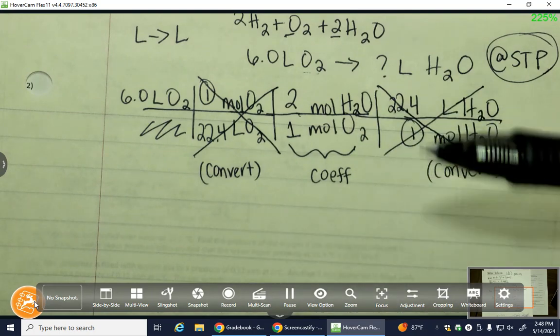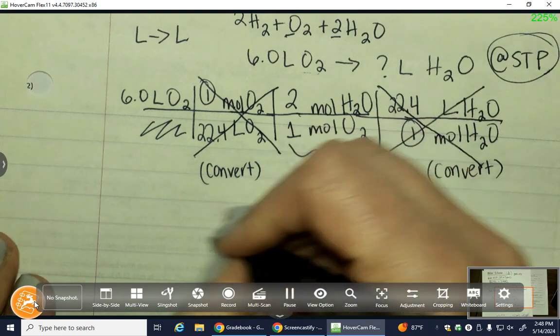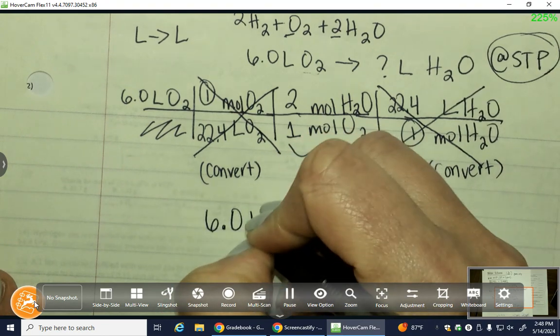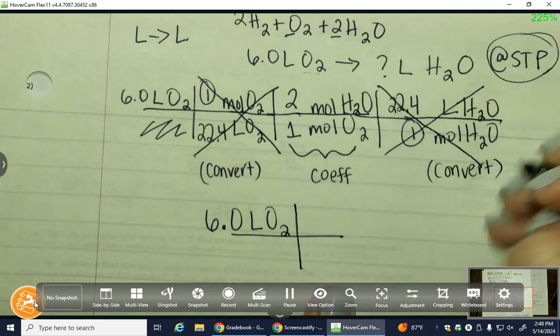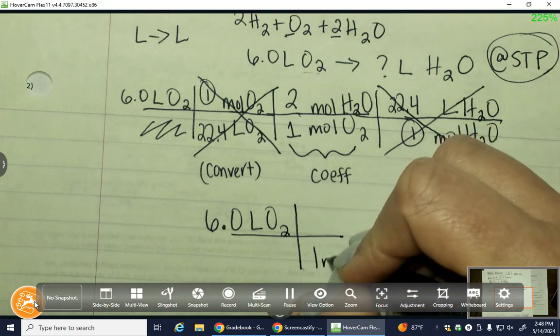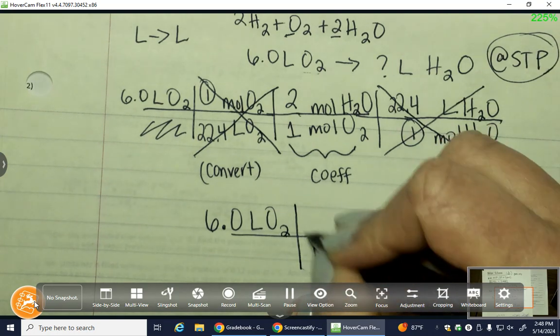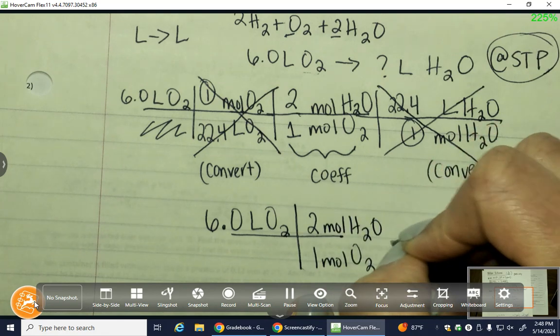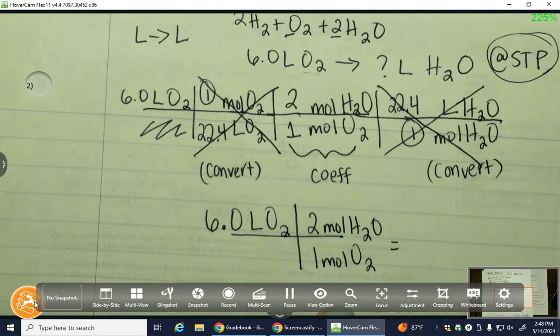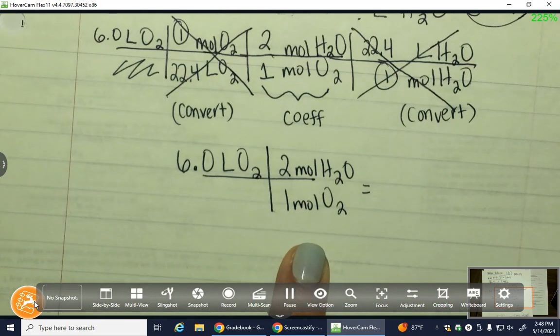That's really what it is. It comes down to that mole ratio. So really what you can have written down is this. 6 liters of O2, and then we can just relate it to 1 mole O2 for every 2 moles of H2O tells me that the answer is how many liters?